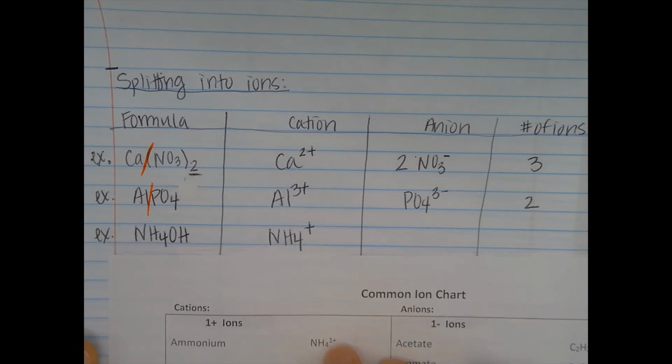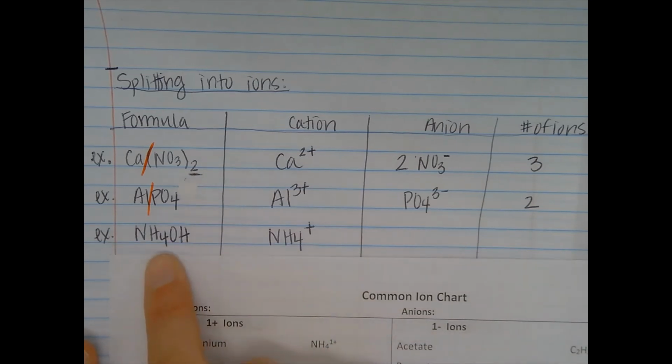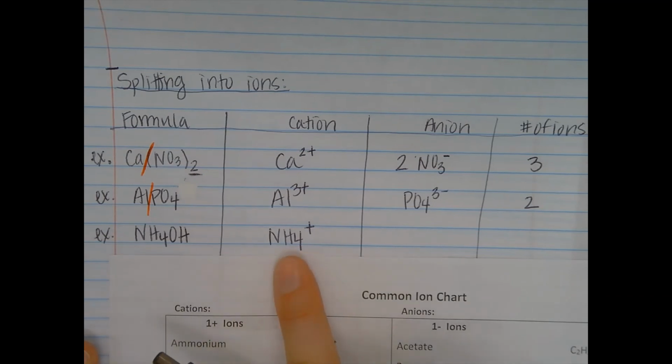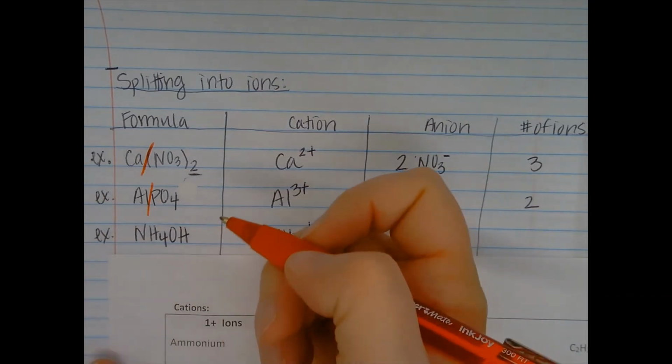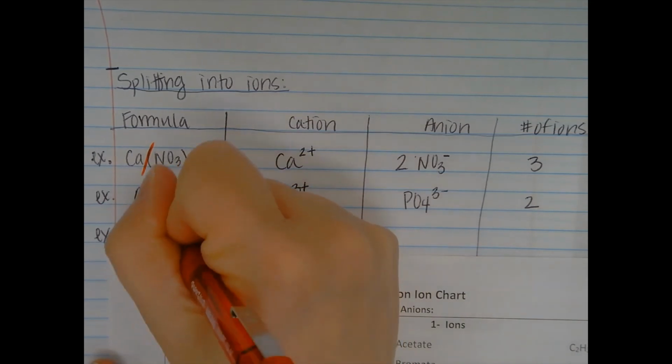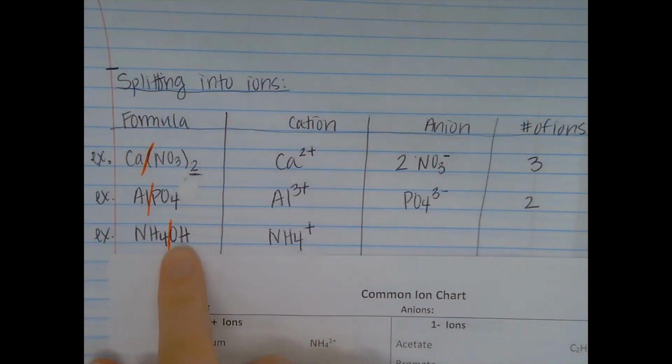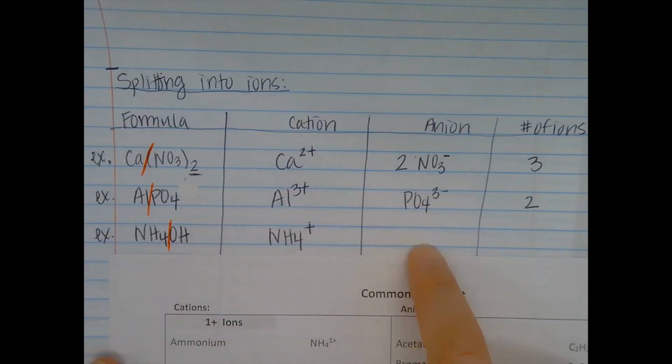Okay? Are there any parentheses in this compound? No, so that means there's only one of the ions. So there's only one NH4. Well, if I know that it's an NH4, then everything else after the NH4 must be an anion.